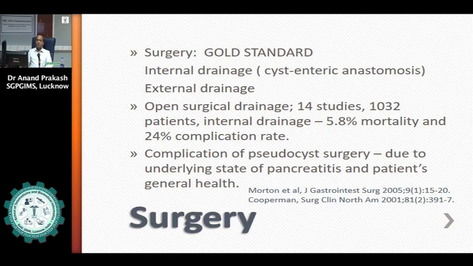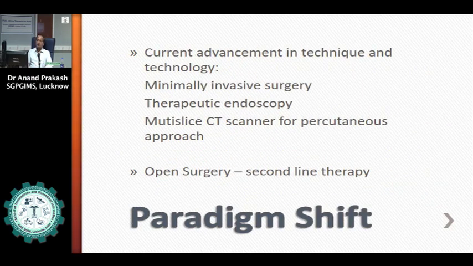One small caveat and very important maneuver in the anterior cyst gastrostomy, or any cyst gastrostomy, is the pseudocyst wall biopsy. Because in a few patients diagnosed as acute pancreatitis who later developed a pseudocyst of the pancreas, it may actually harbor a cystic malignancy of the pancreas.